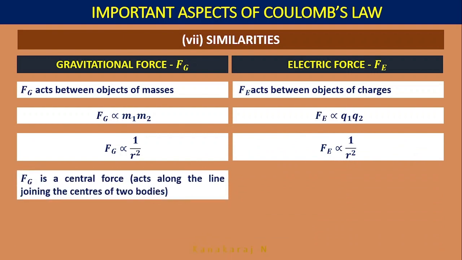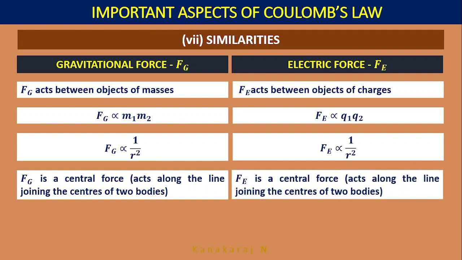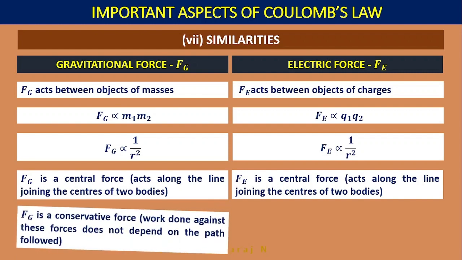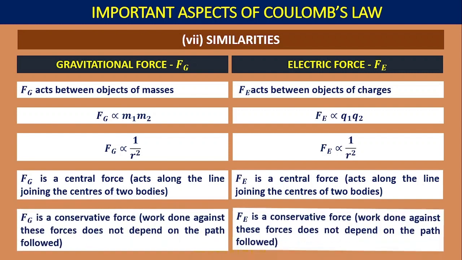Fg is a central force. Similarly, Fe is also a central force. Central force means they act along the line joining the centers of the two bodies. Fg and Fe, the gravitational force and electrical force, both are conservative forces. The conservative force means the work done against these forces does not depend on the path followed.